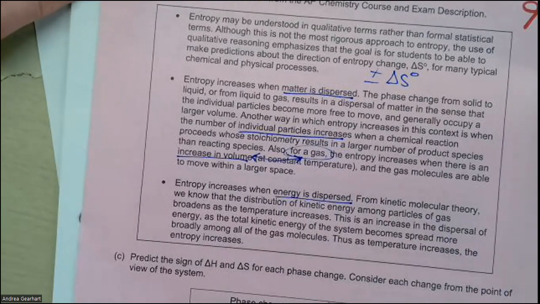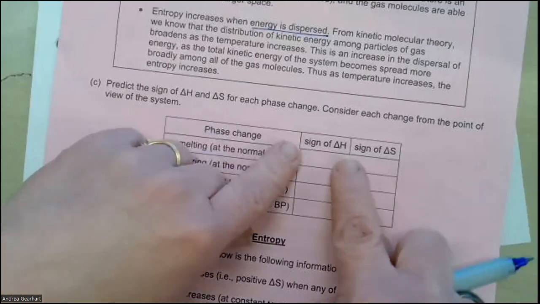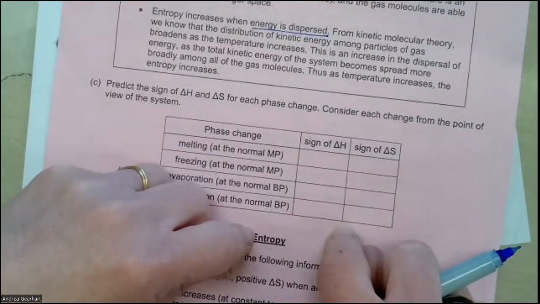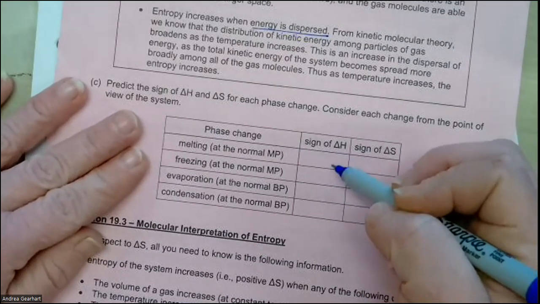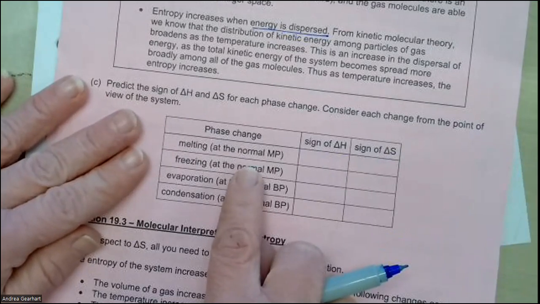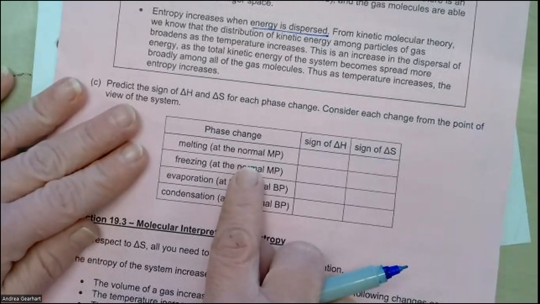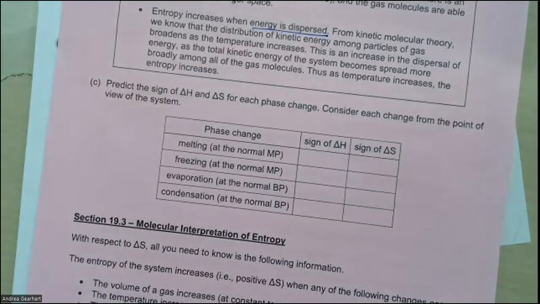Okay, so let's just apply. First, sign on enthalpy. Could we all go ahead and do that first? Are we positive or negative? And wait, at the normal melt, what does that mean? When we see the term normal, amazing chemists, what does the term normal mean to us?